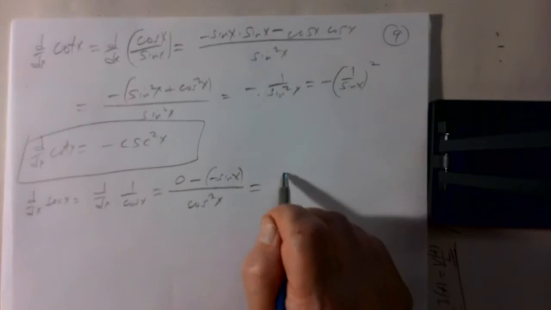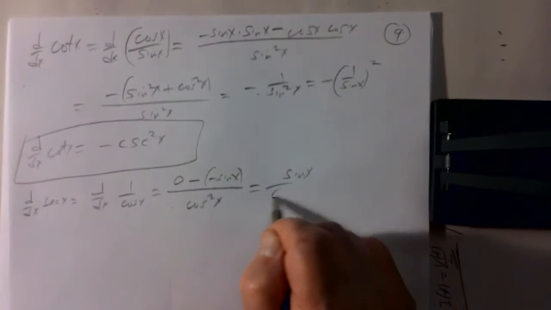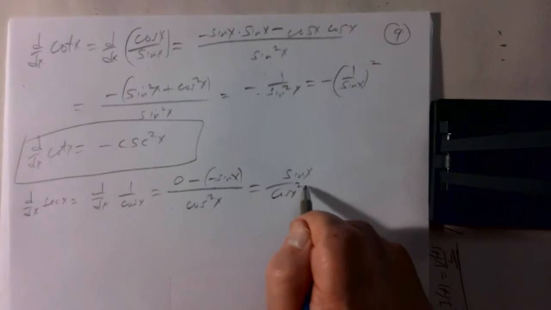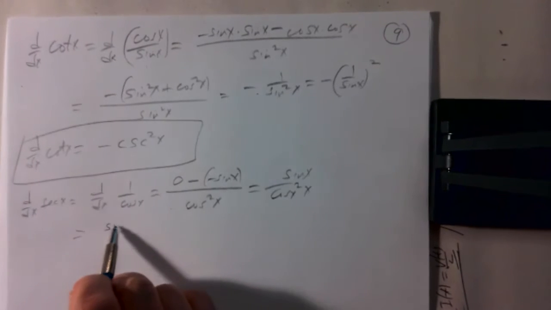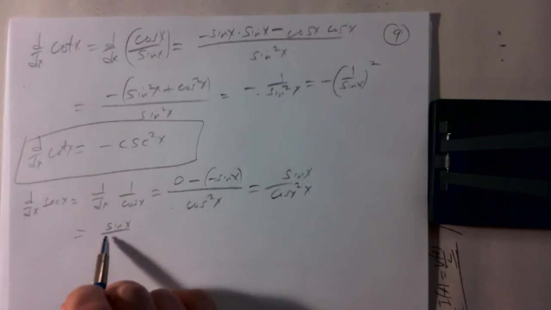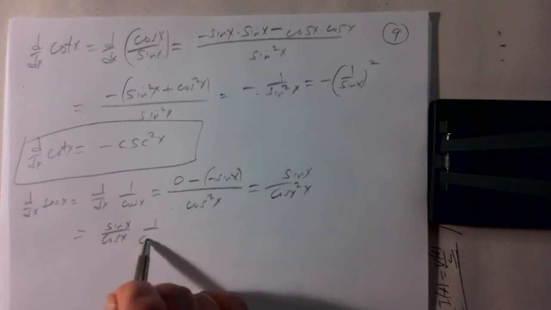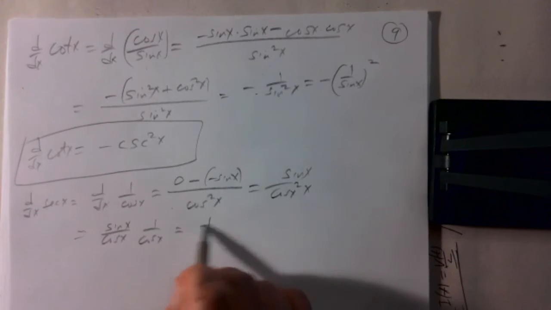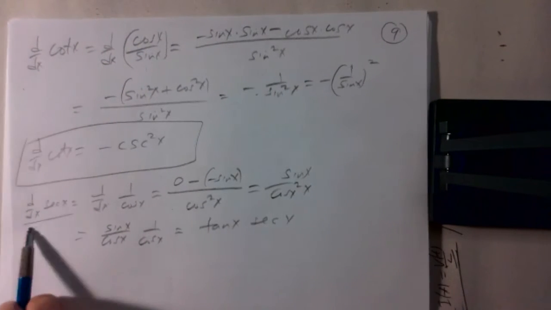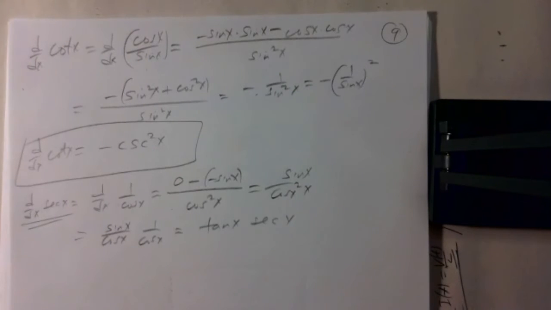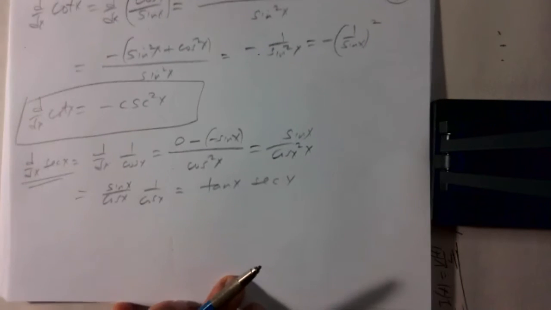Minus times minus is plus, which I can write as sine x over cosine x times 1 over cosine x, which is the tangent of x times the secant of x. So the derivative of the secant is tangent times secant, or secant times tangent. It's really your choice how you write it.